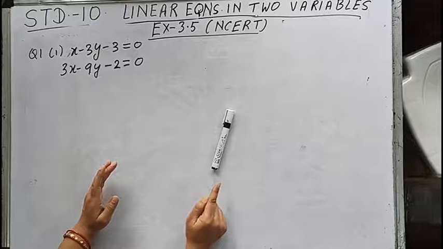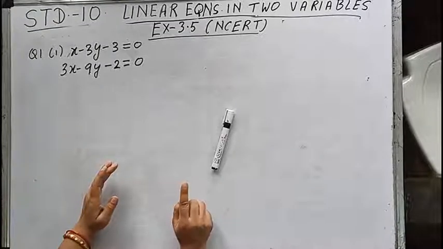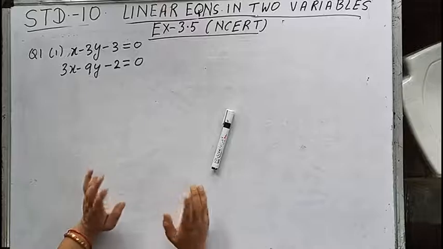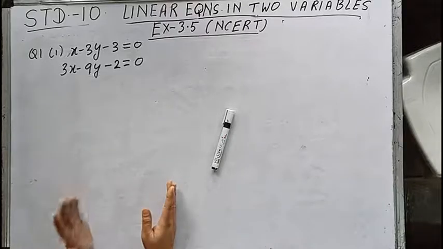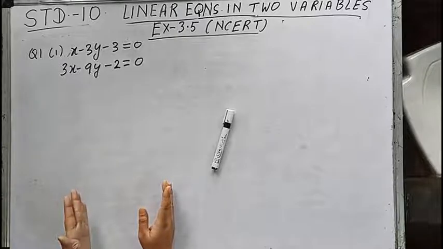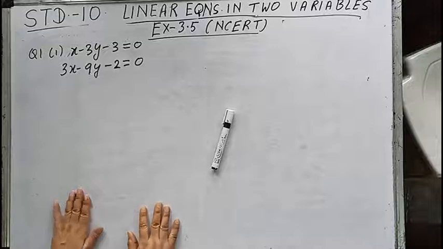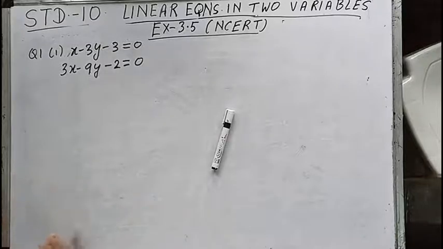In case there is a unique solution, find it by the cross multiplication method. So we have to first check whether the equation has unique, infinite or no solution, and if it has a unique solution, we have to solve it by the cross multiplication method. So let us start, children.